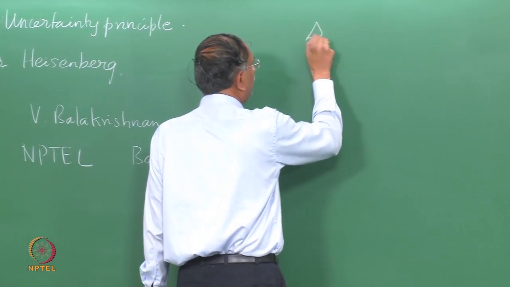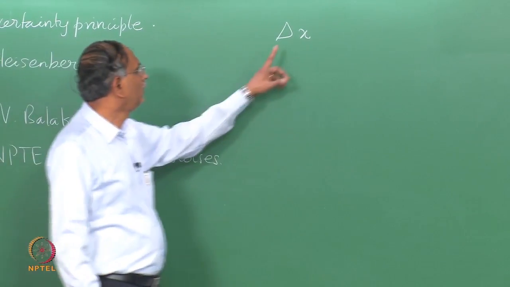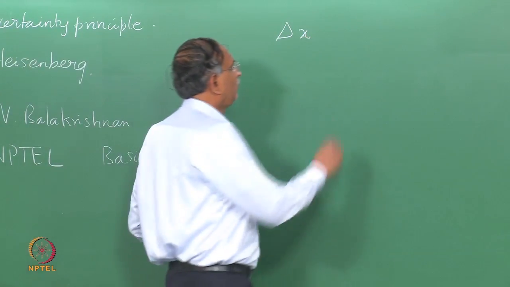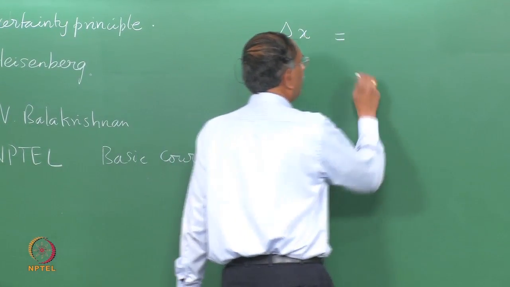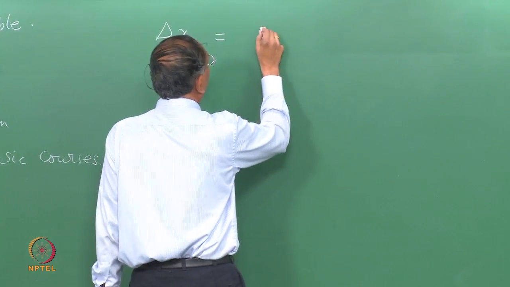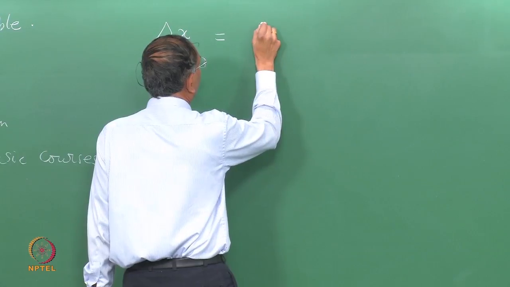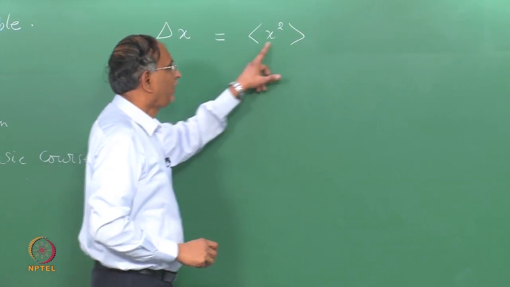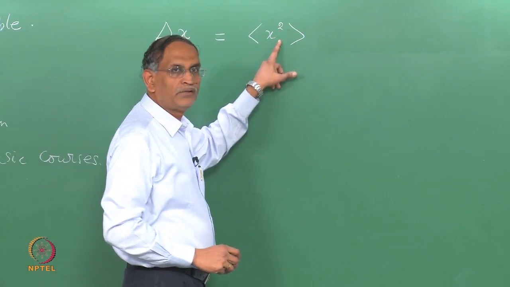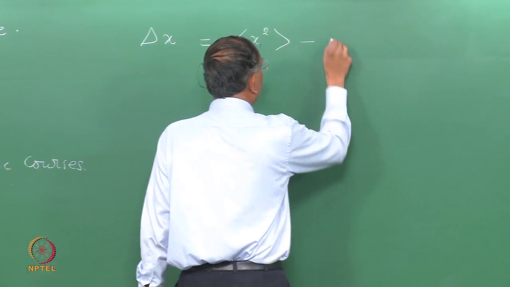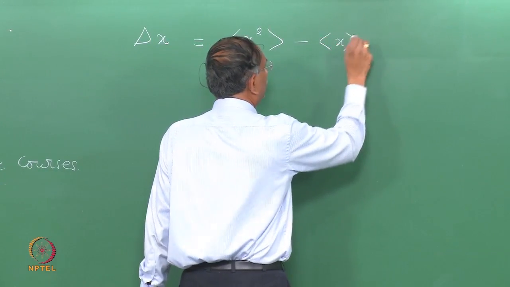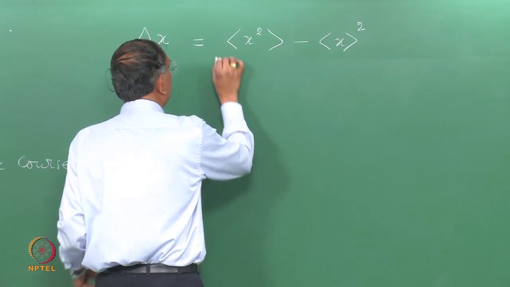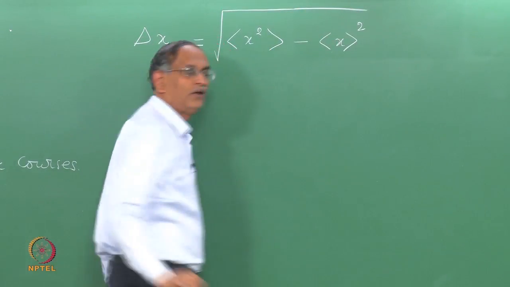Now, uncertainty delta x in any measurement quantity x is given by this simple statement that it is the difference between the average of the square of that variable minus the square of the average of that variable, and this whole thing is under a square root.